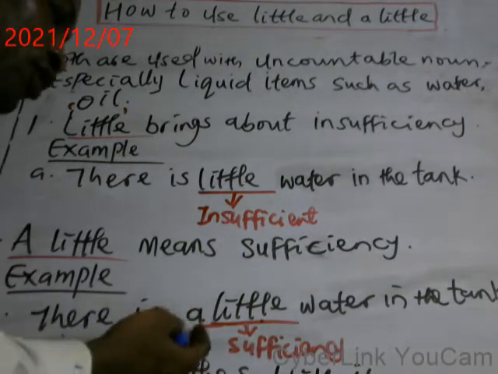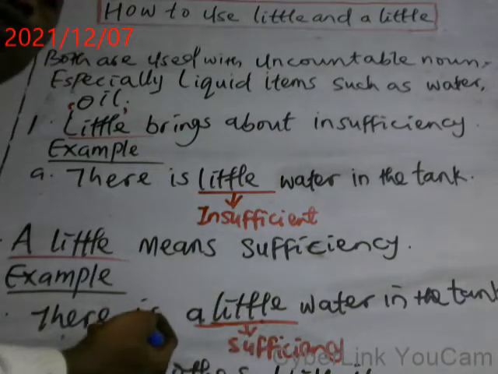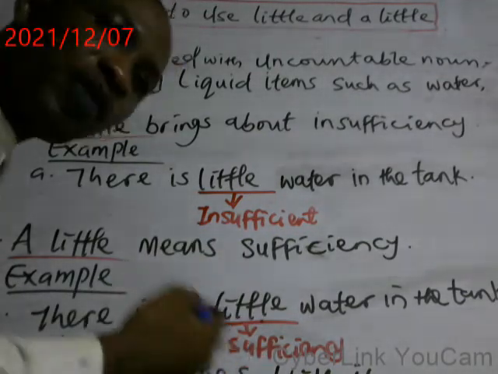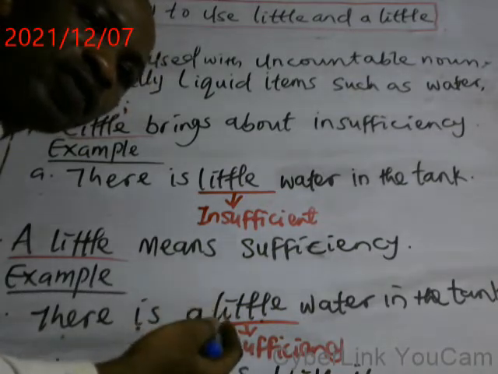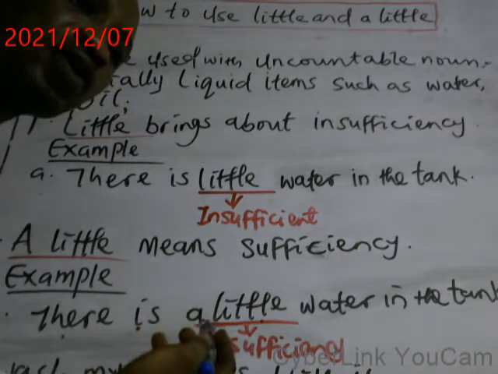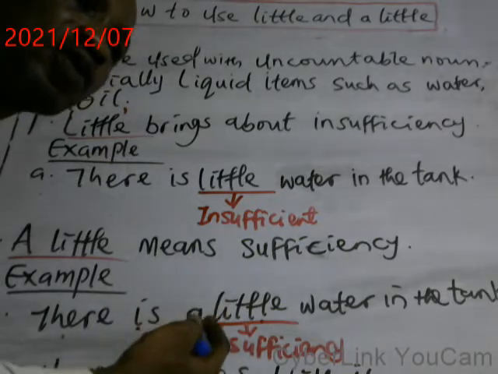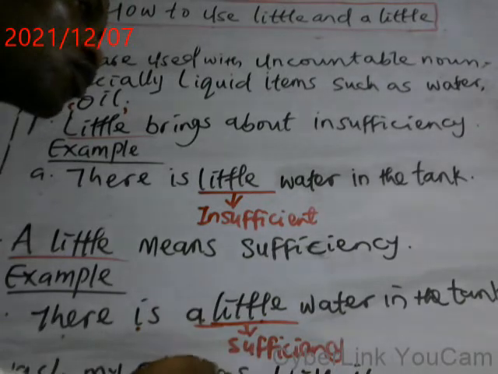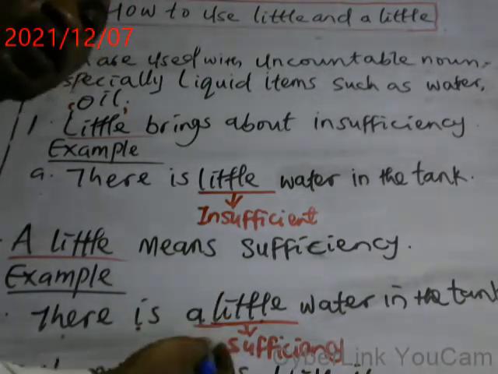Once you've seen something like a little, it denotes sufficiency. It means that that particular noun is sufficient. It's up to the amount or quantity that you want. There is a little water in the tank.